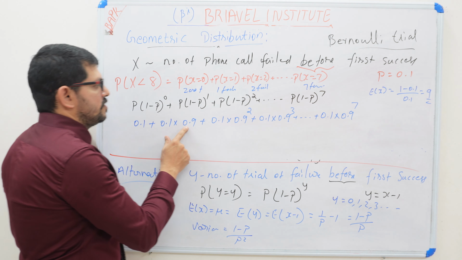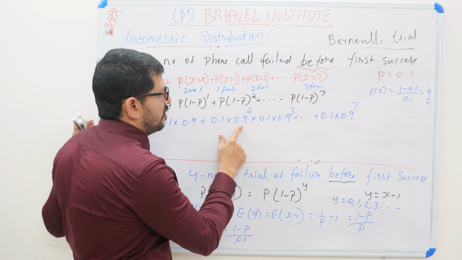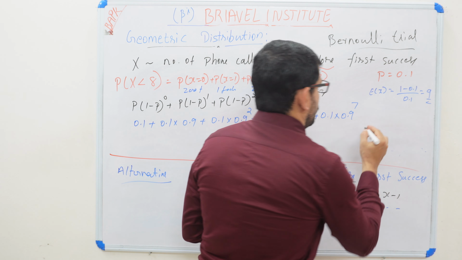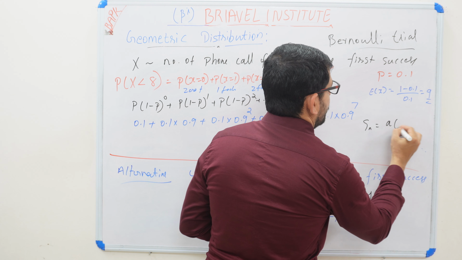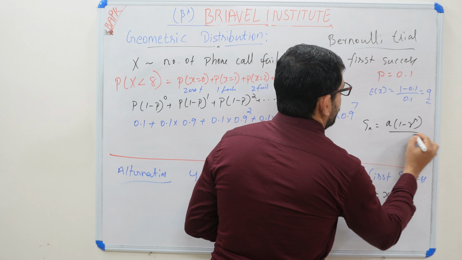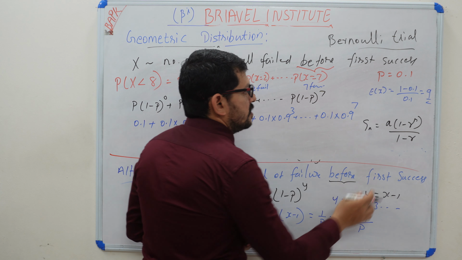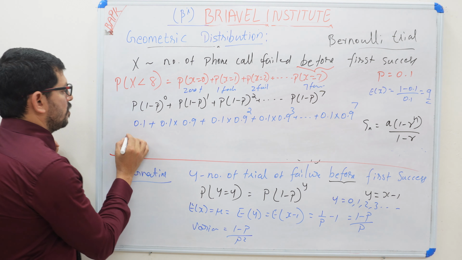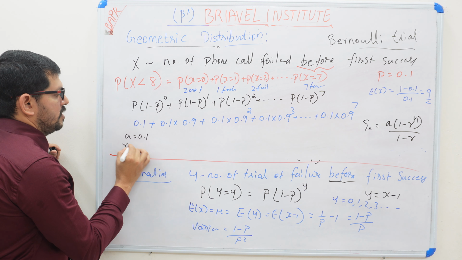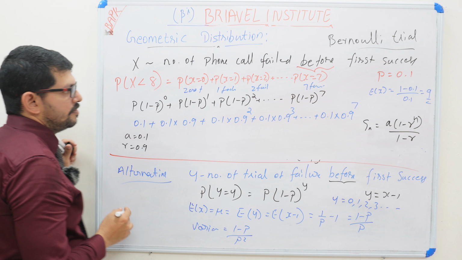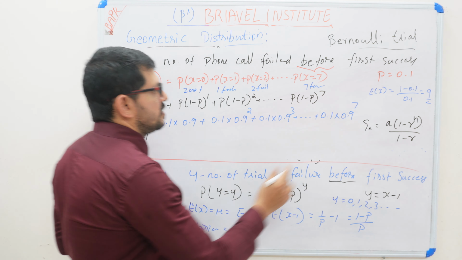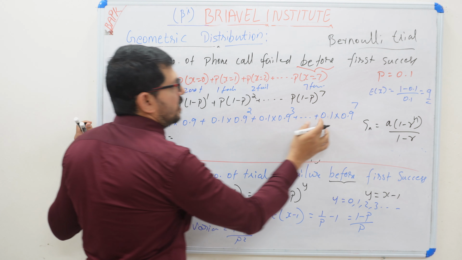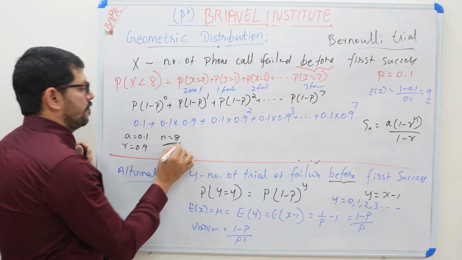This is 1, and 0.9 is multiplied each time. The sum of a geometric progression is A into 1 minus R raised to N divided by 1 minus R. Here A is equal to 0.1 and R is equal to 0.9, and N is the number of terms. 1, 2, 3, 4, it is up to 8 terms.